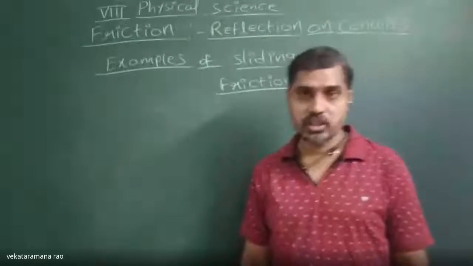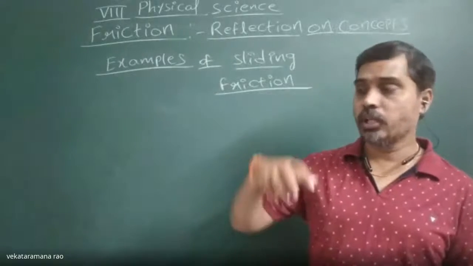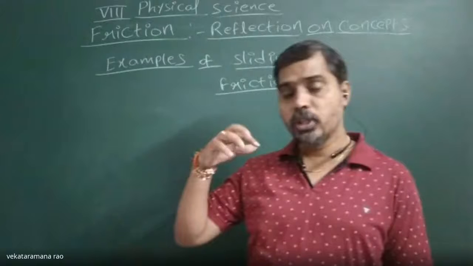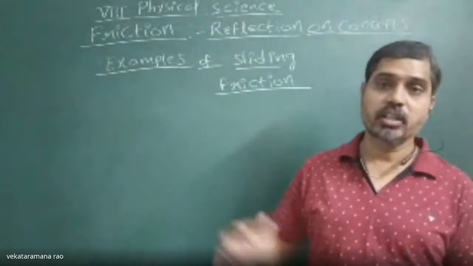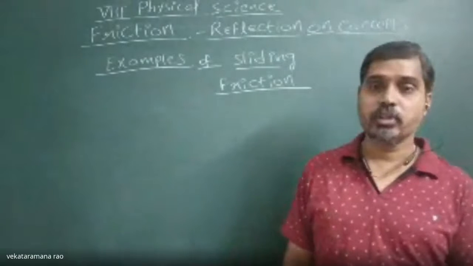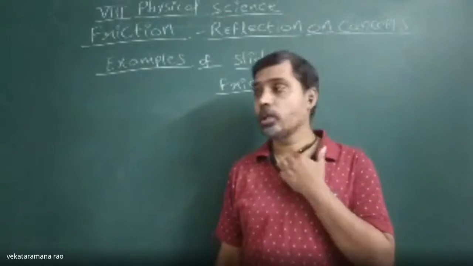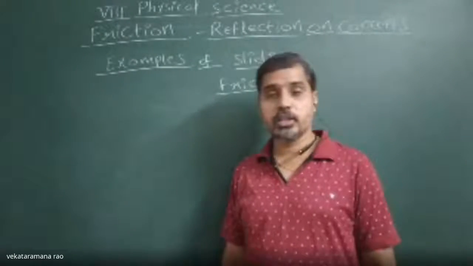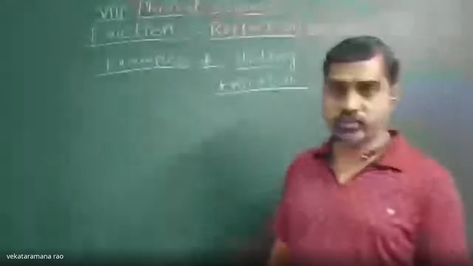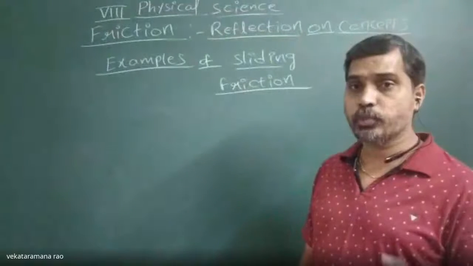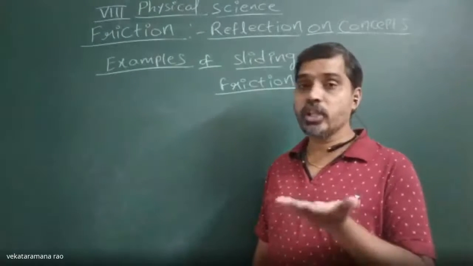Even if you roll a ball or sphere on a surface, it will eventually stop because of a force that opposes the motion of the sphere or ball. That is sliding friction. So what is sliding friction? It is the friction which comes into play between two surfaces which are relatively in motion.